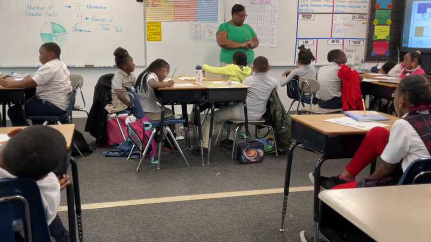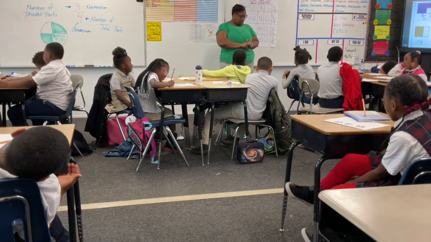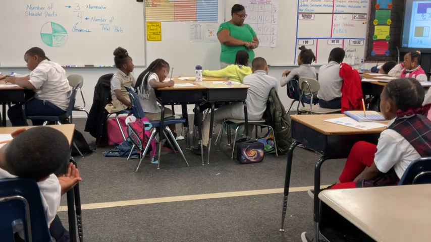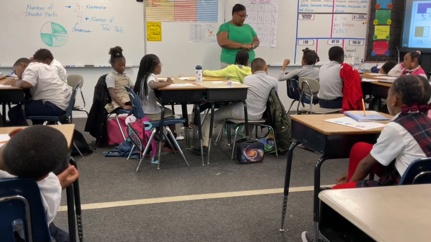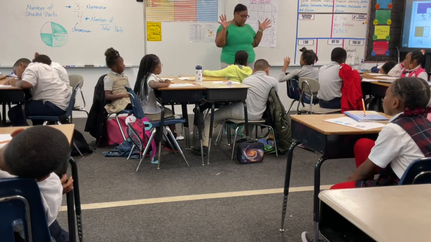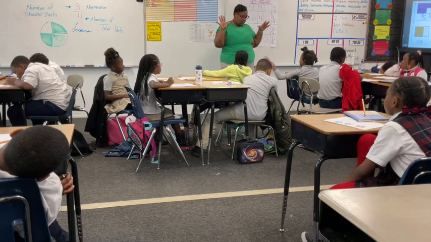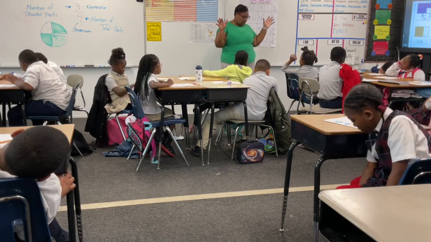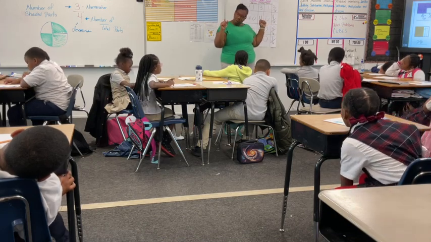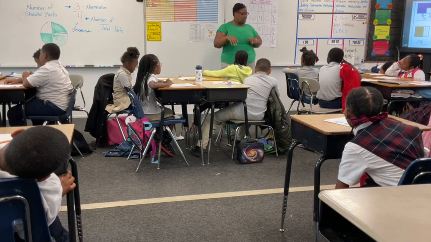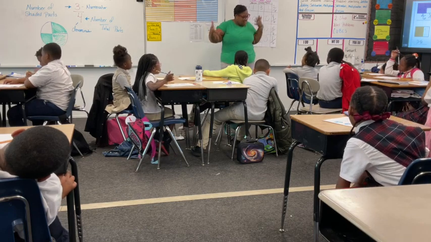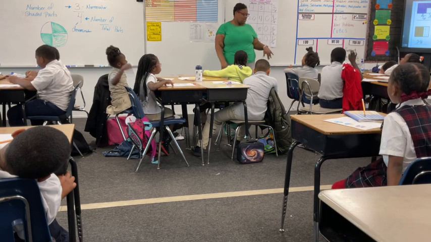So what was the fraction of what she got? She got 5 out of 10. The fraction is 5 over 10. Good job. See how you use fractions and didn't even realize until today?